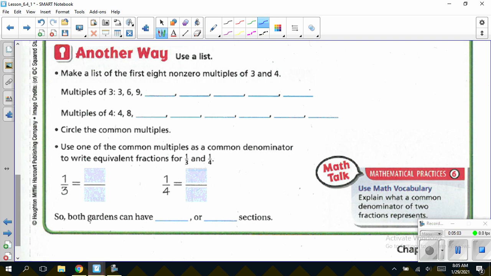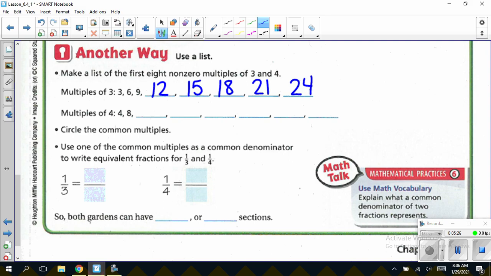So for multiples of 3s, we are multiplying 3 times 1, 2, 3, and then we're going to do that all the way up to 8. So they started our list for us for the multiples of 3s. We have 3, 6, 9, 12, 15, 18, 21, 24.